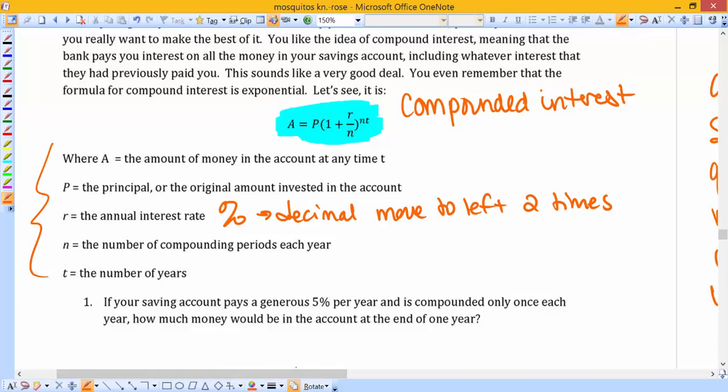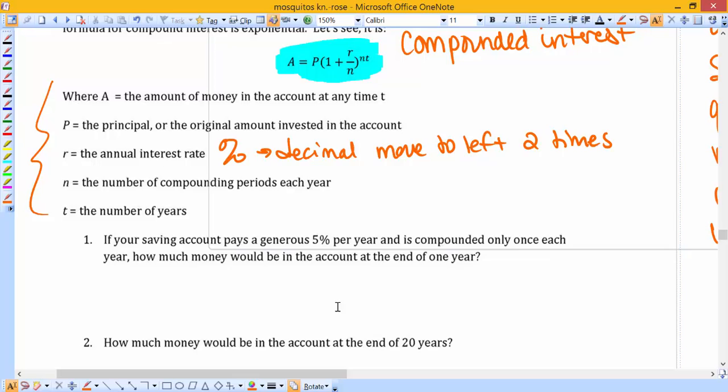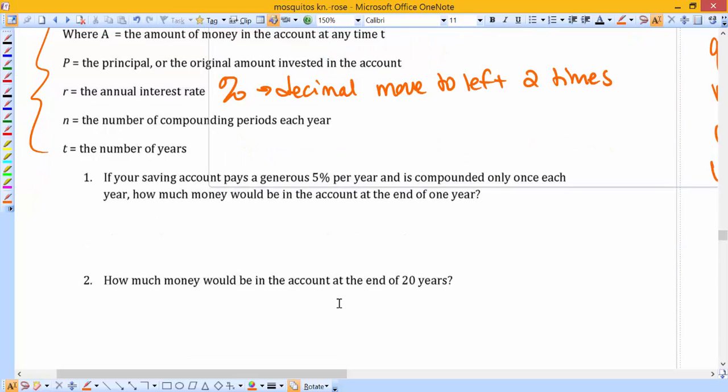So now you're going to go through and you're going to use that formula to answer a series of questions. If your savings account pays a generous 5% per year and is compounded only once each year, how much money would be in the account at the end of 1 year? So, my time would be a year.